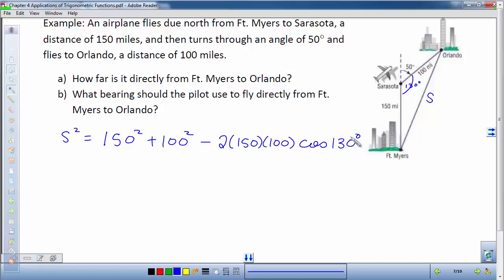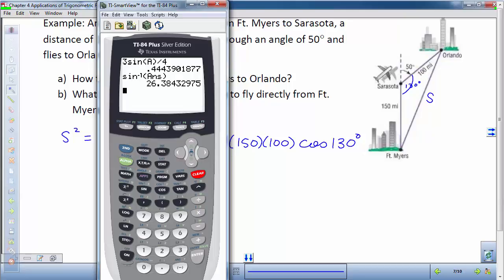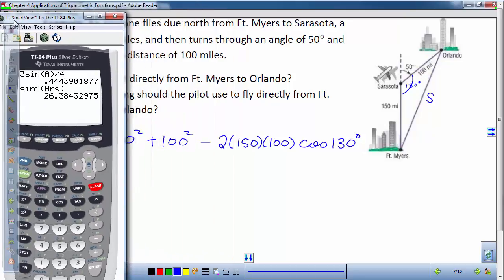Does everybody see why we plugged it in that way? Yes? Okay. All right, so I've got 150 squared plus 100 squared minus 2 times 150 times 100. Okay. And is that the squared number? So we get this number for s squared.